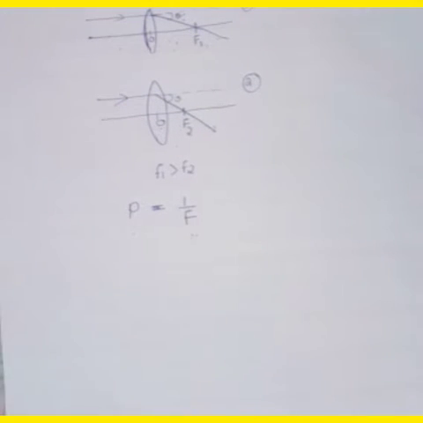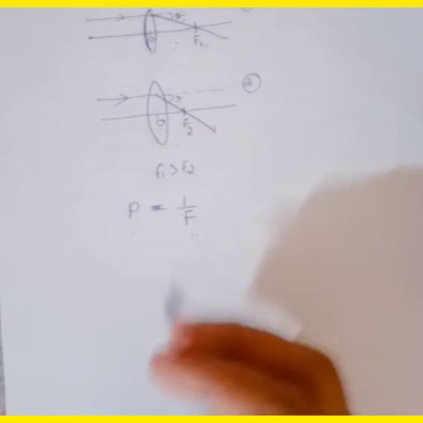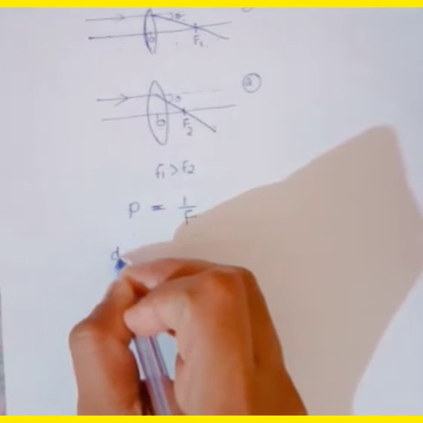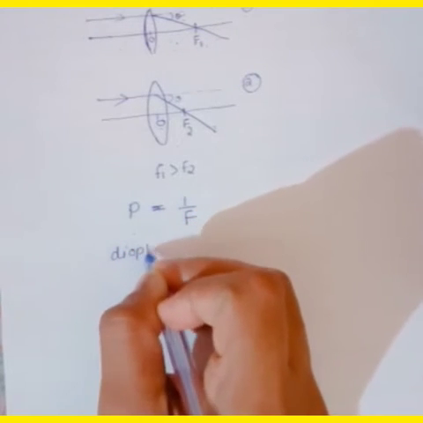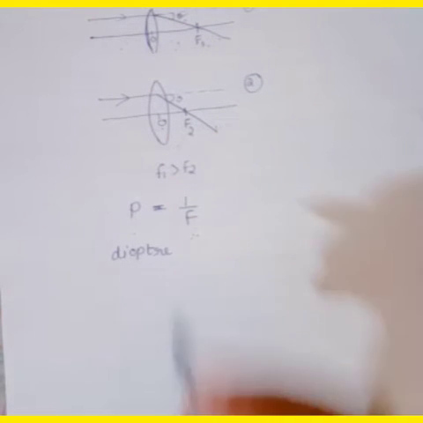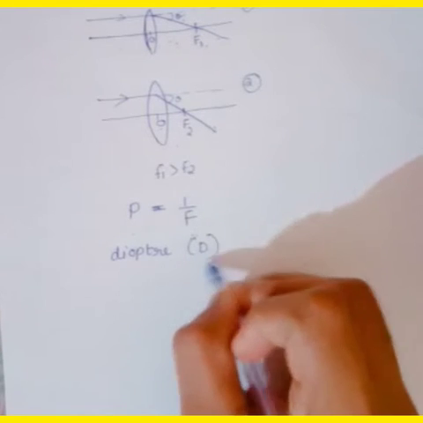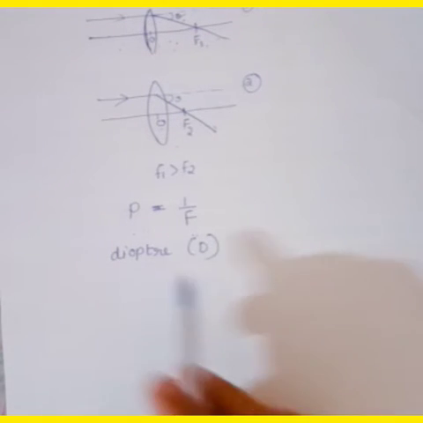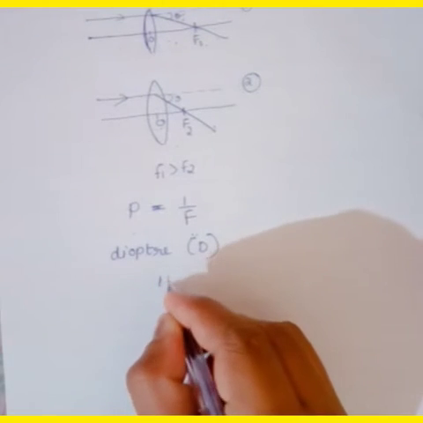The next one: the SI unit of power of a lens is what? The SI unit of power of a lens is the diopter, D-I-O-P-T-E-R. It is denoted by the capital letter D. Then how can we define one diopter?